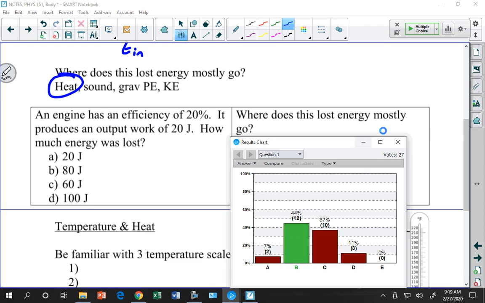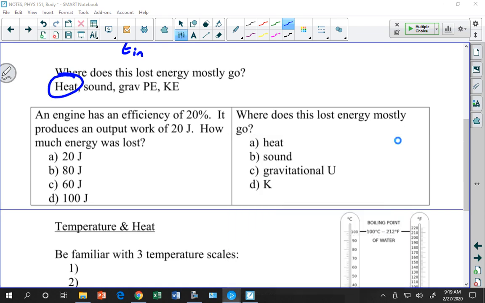And B is right. You lose 80 joules. So my efficiency is 20%. That's output work, 20 joules, divided by input work, which is what I want to find, times 100, equal to 20.